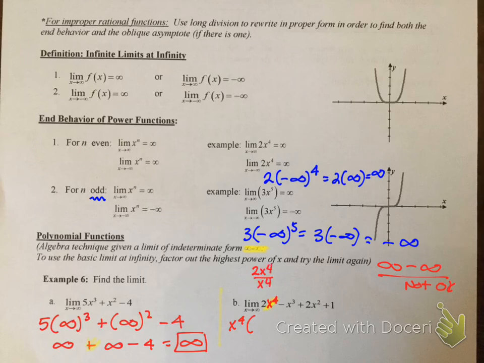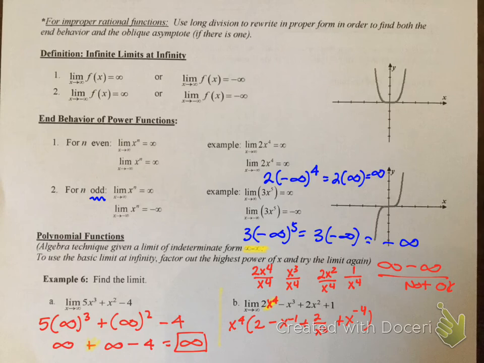Okay, so I get 2 minus x cubed divided by x to the 4th is x to the negative 1, plus 2x squared divided by x to the 4th is 2 over x squared, plus 1 over x to the 4th is going to be negative x to the 4th. So let's change this to negative plus negative x to the negative 4th. Okay? All right. So that's what we got.